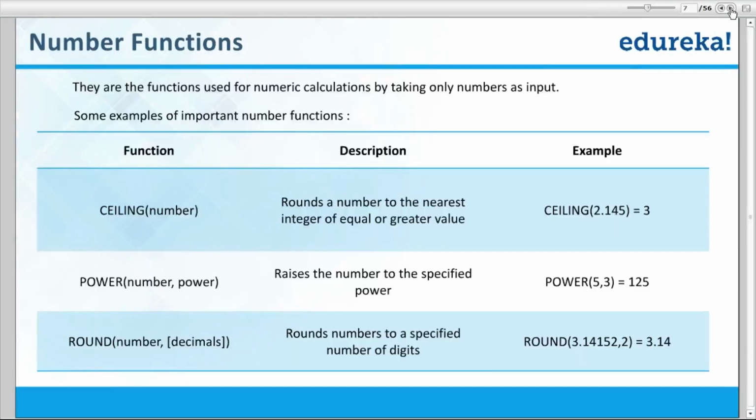Next, we will take this one, which is given as an example: ceiling of a number. What this function basically does is round the number to its nearest integer that is equal to or greater than the value.